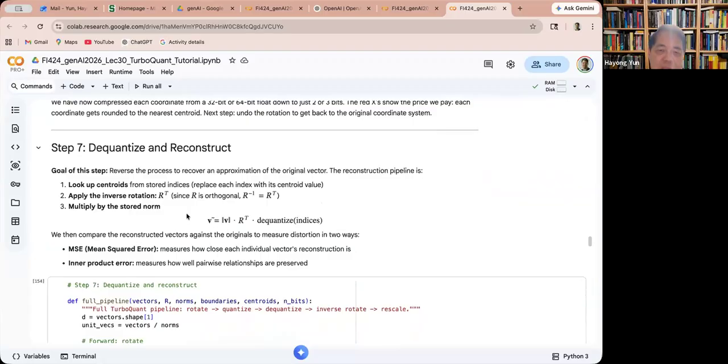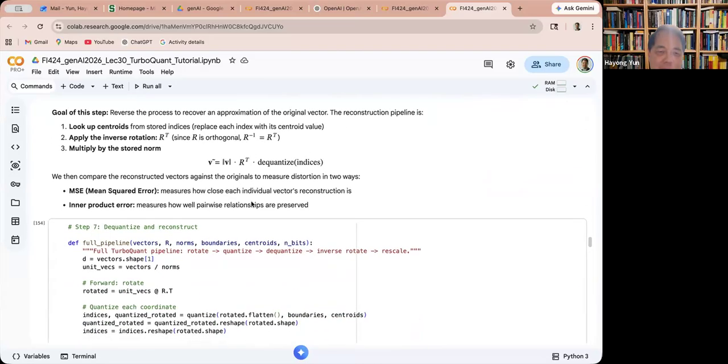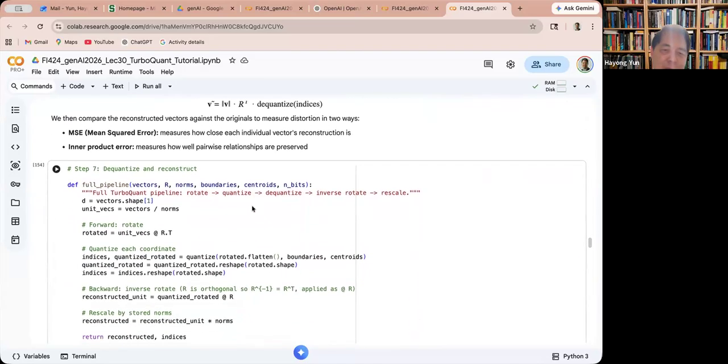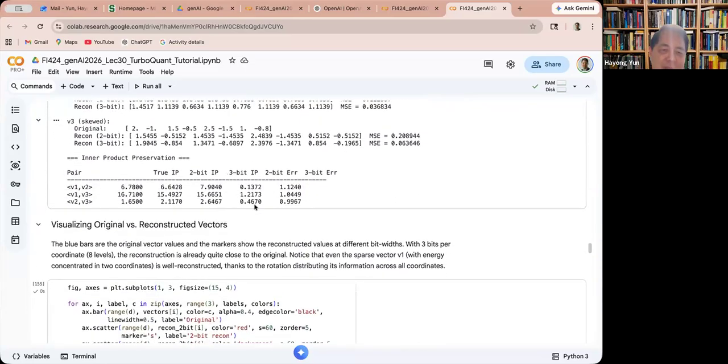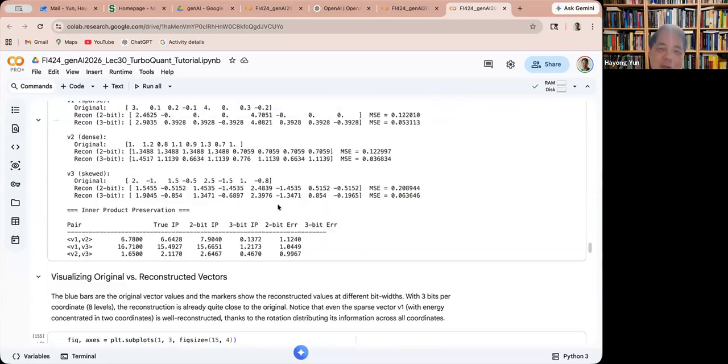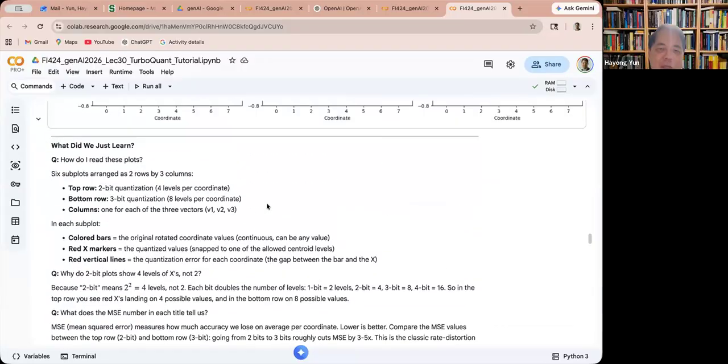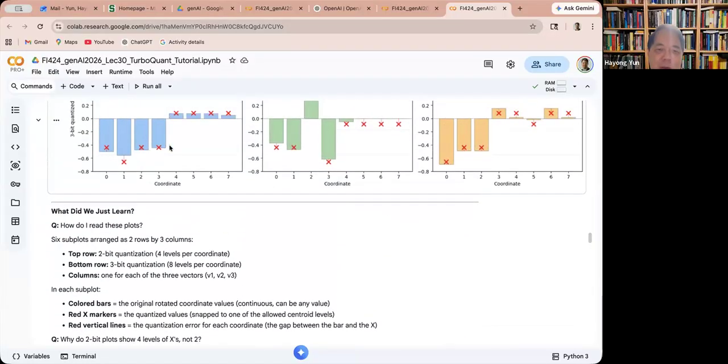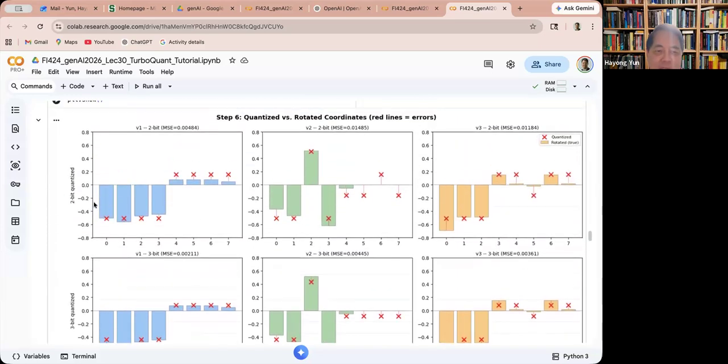And now you can reconstruct, meaning R transpose is the inverse. That's a property of the linear algebra of the rotation matrix. Now you have the centroid made quantized, so you only carry these discrete values. You forget about the blue bars and just keep the red axis, which, let's say with 2 bits, can only take 4 values. The Y levels are like 1, 2, 3, 4, isn't it?